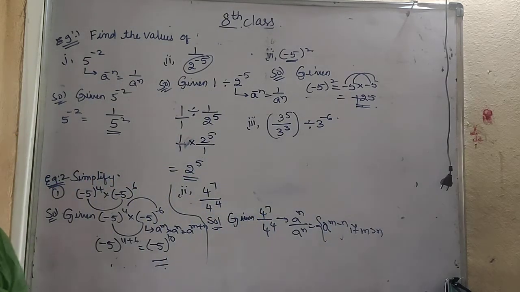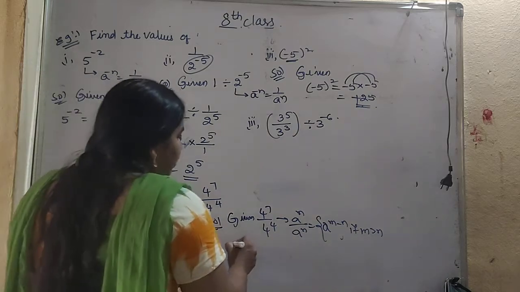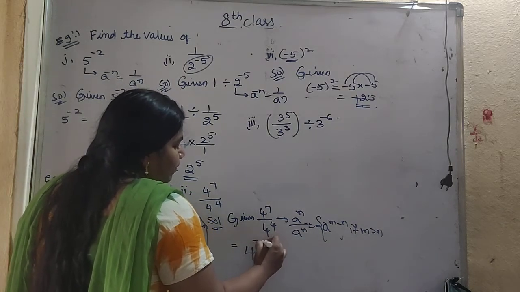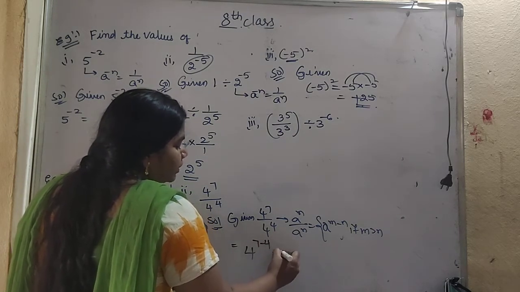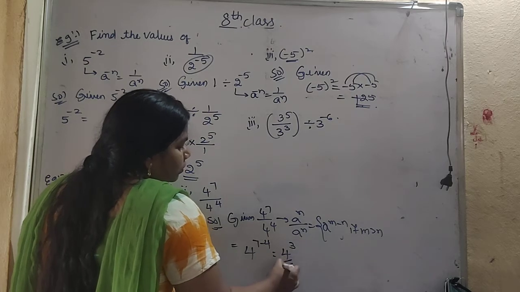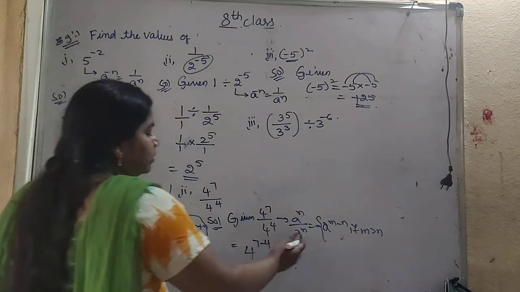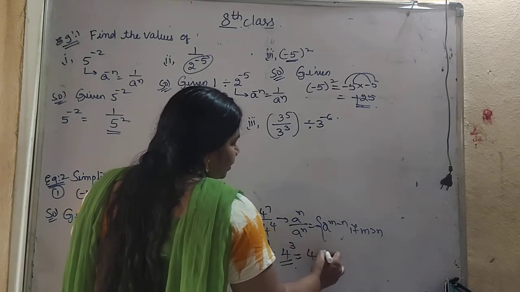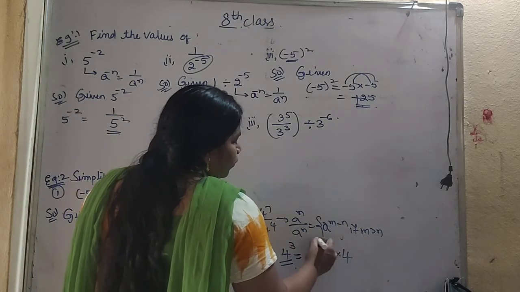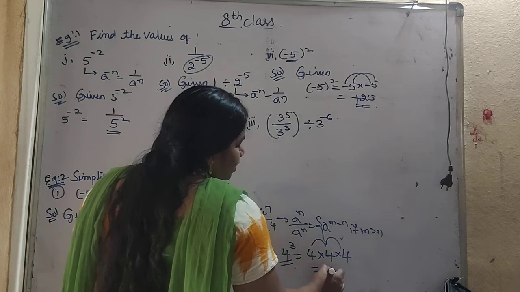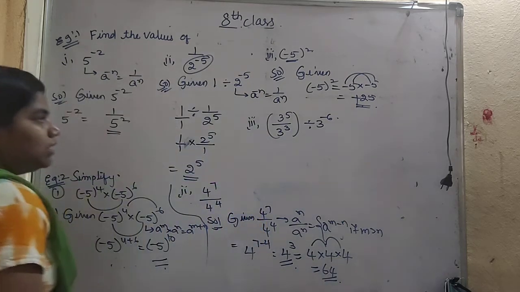That means we have to subtract the powers. That will be 4 power 7 minus 4. 7 minus 4 is how much? 4 power 3. So what is the answer? 4 power 3 is our answer. 4 power 3 means 4 we have to multiply 3 times. So 4 4s are 16, 16 4s is 64. So what is the answer?